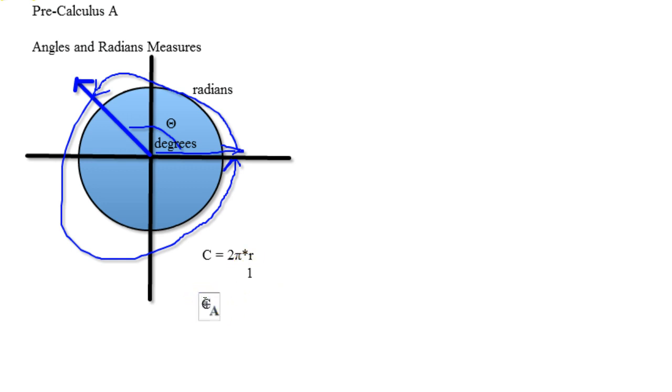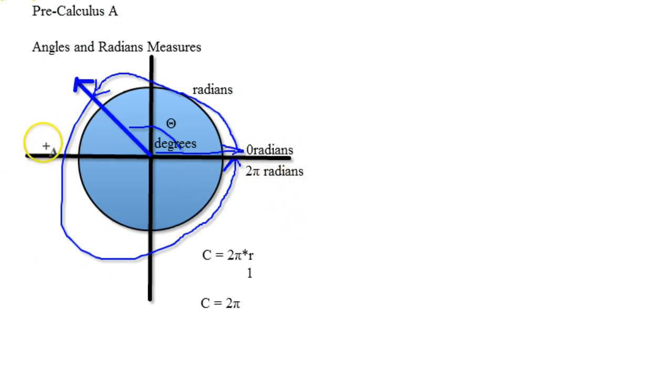So circumference becomes 2 pi. So going around from here to here, this is 0 radians in the beginning, and if we come back around to the end, this would be 2 pi radians.